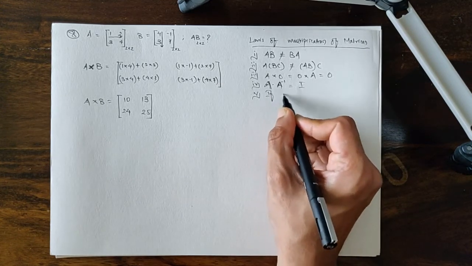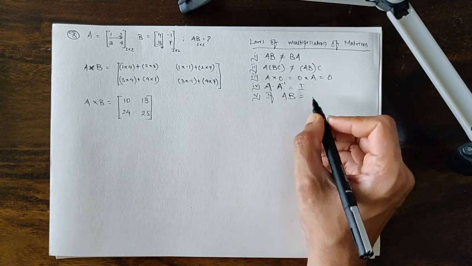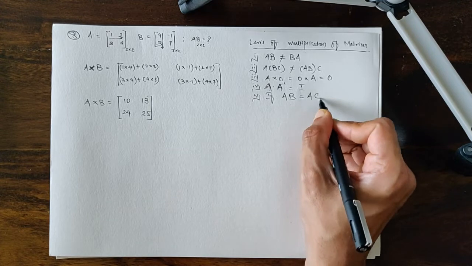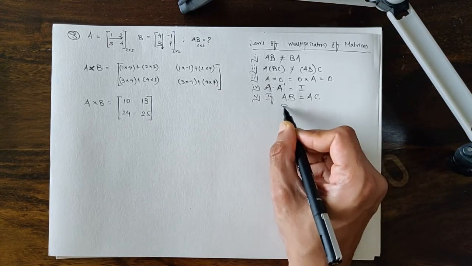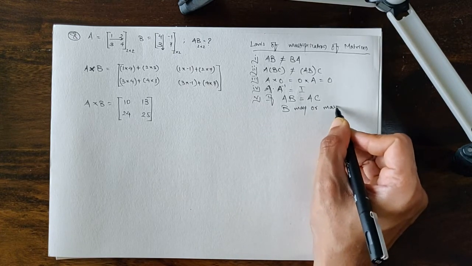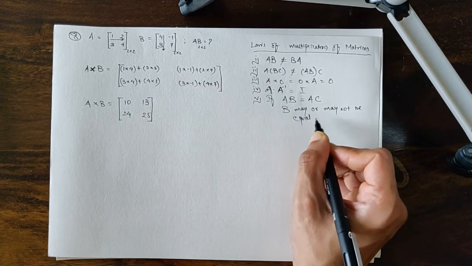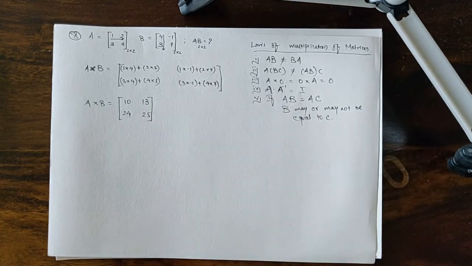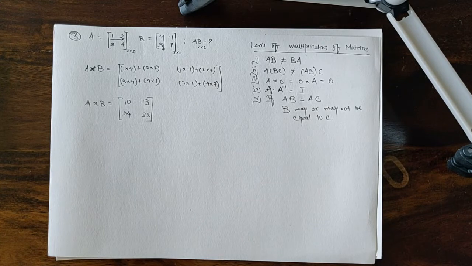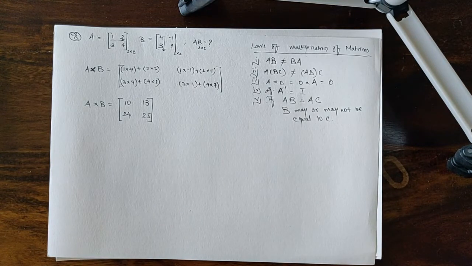If AB is equal to AC, B may or may not be equal to C. So you cannot cut A from both sides and say B is equal to C. B can be equal to C, B cannot be equal to C. It depends.